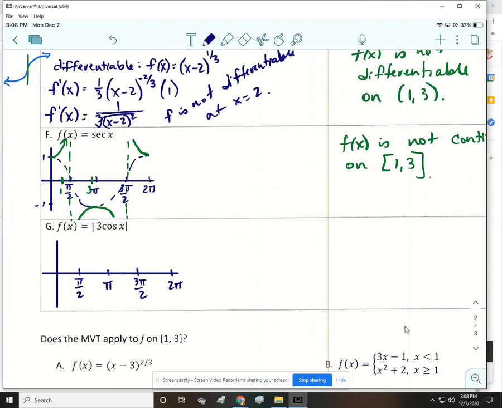But it would be graphed with the maximum and minimum points at 3 and -3. So it looks something like that.